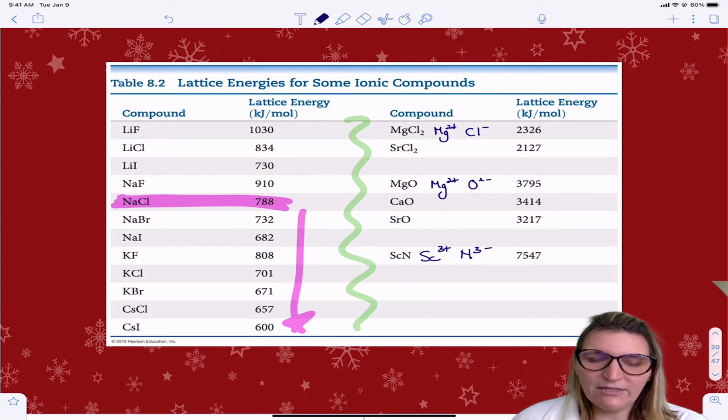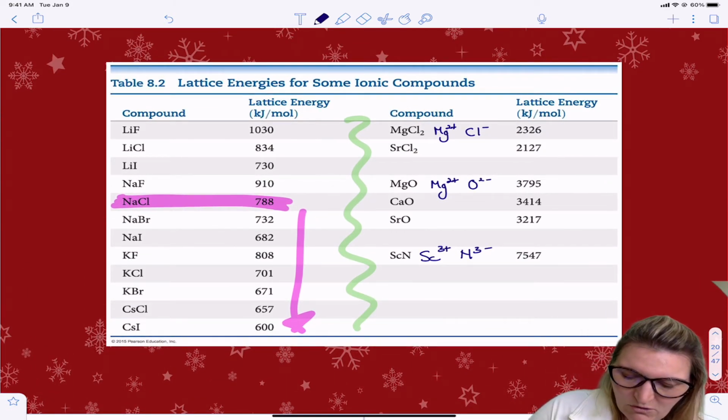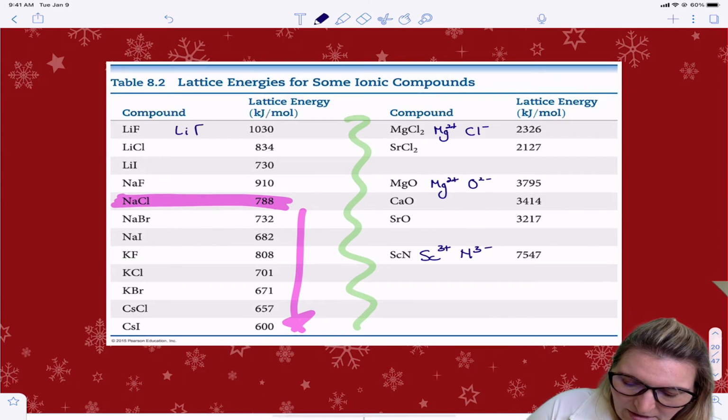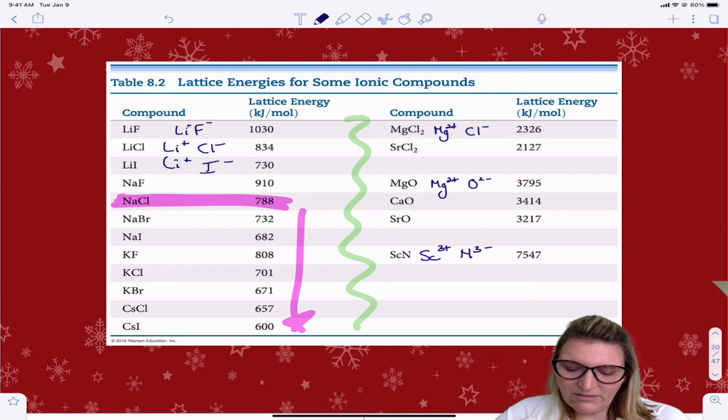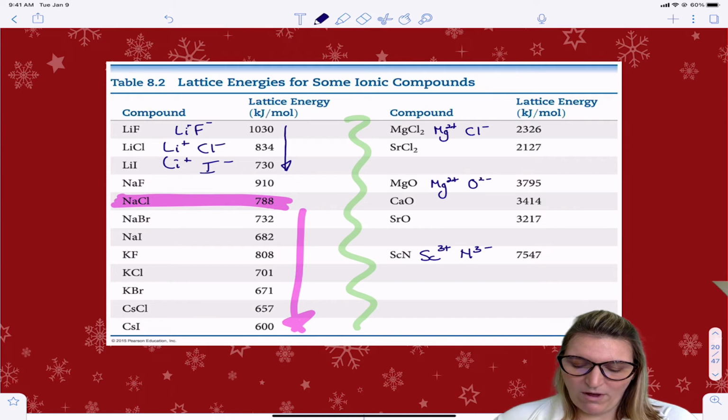And then on the left-hand side, you may notice that every single one of these, LiF, they're both +1 and -1 ions. So what is making the difference here? Why is it that LiF is 1030, LiCl is 834, and LiI is 730?